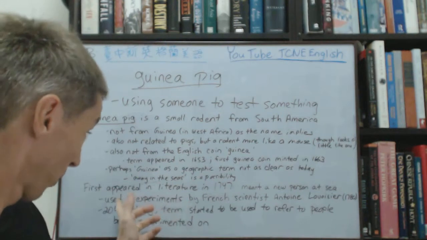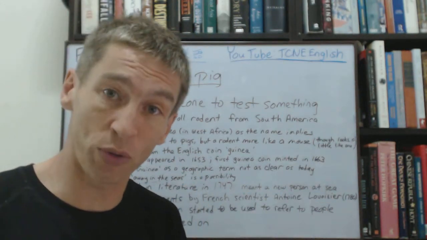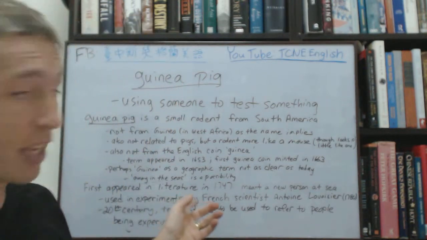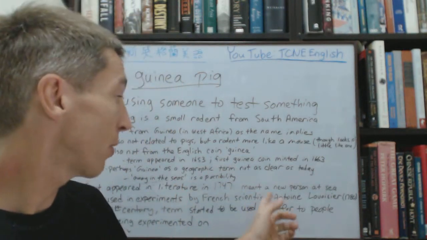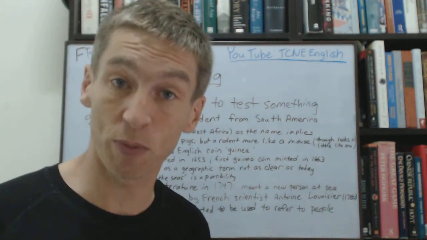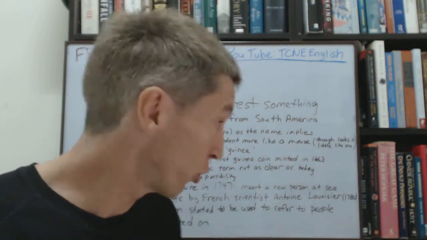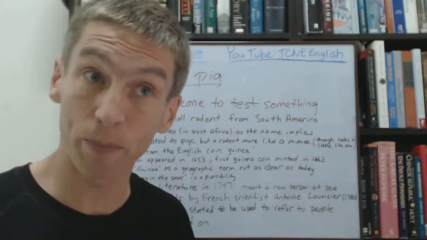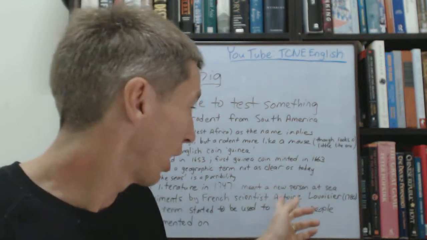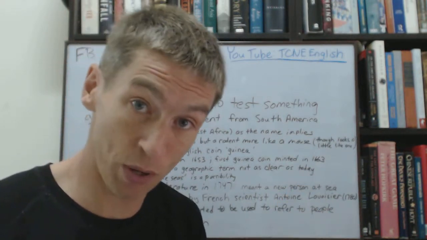But by the late 18th century, we know a French scientist, a chemist, by the name of Antoine Lavoisier, was using guinea pigs in his experiments. Now, it's quite likely that guinea pigs were used prior to Monsieur Lavoisier, but we do know Antoine Lavoisier used guinea pigs in his experiments.